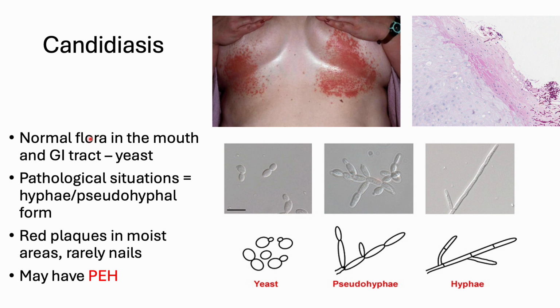Candida is a normal flora in the mouth and the GI tract, and their form is the yeast form. When they start to have the pathological situation, this is the time they start to develop the pseudohyphae, which is demonstrated here, as well as rare hyphae form. The clinical presentation usually is a red plaque in the moist area, such as under the breast intertriginous area, as well as in the corner of the mouth.